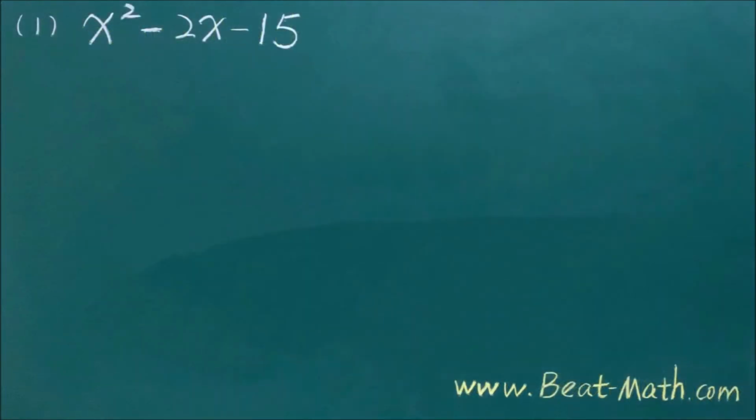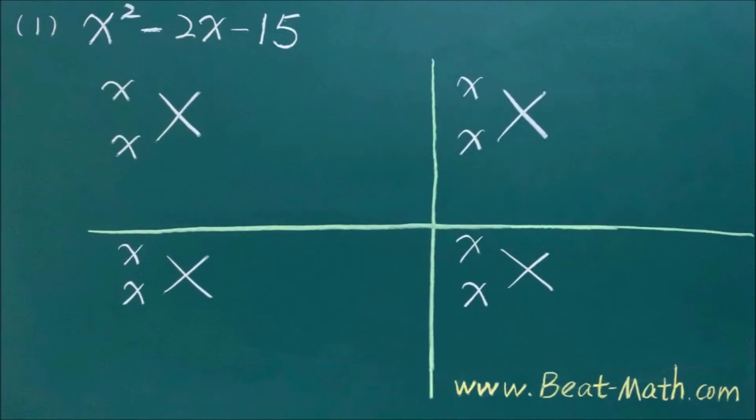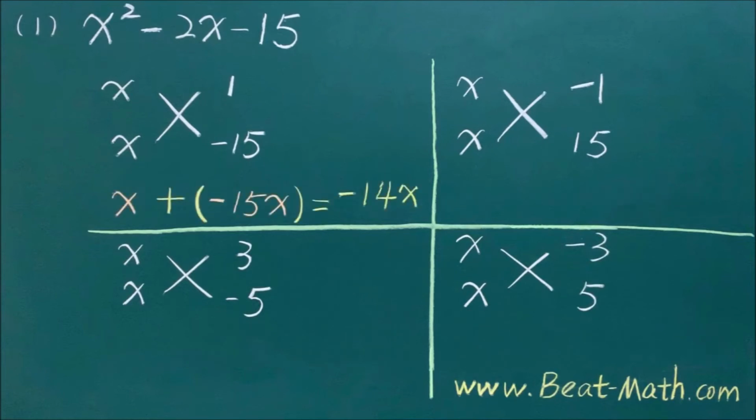x squared minus 2x minus 15. Here, -15 can be the product of 1 and -15, -1 and 15, 3 and -5, -3 and 5. When using the crossing method, the result of 1x plus -15x is -14x.